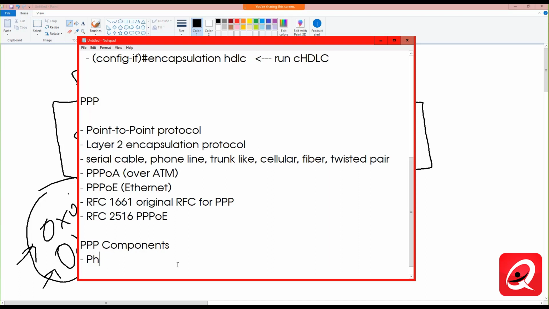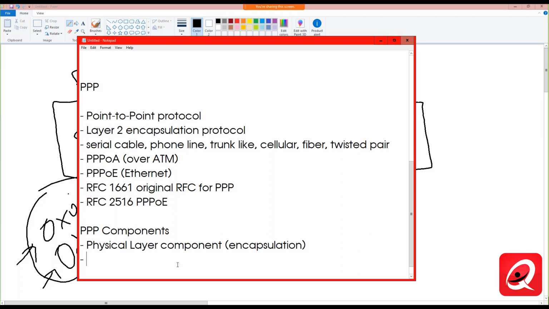So that's our physical layer component, which is encapsulation. And then we have something called the link control protocol, or LCP. This is what we use to maybe test the link, negotiate settings.